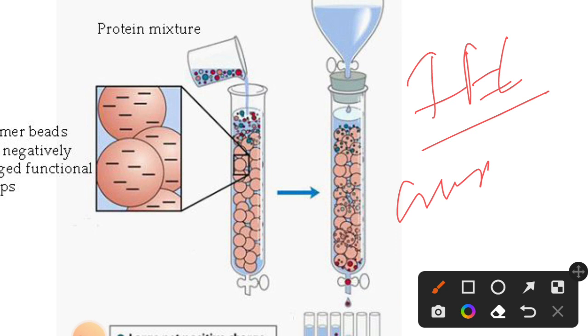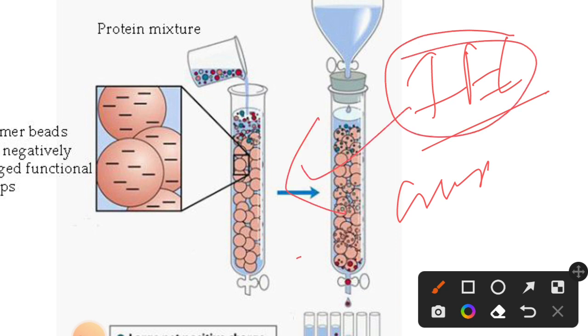If cross-linking is extensive, we have to prevent it, right? Otherwise our ion exchanger will lose its exchange capacity. So cross-linking regularly controls the exchange capacity. Another factor is the swelling capacity.